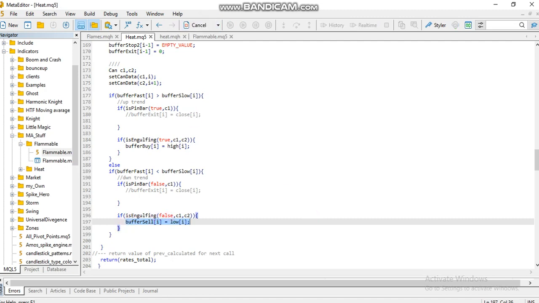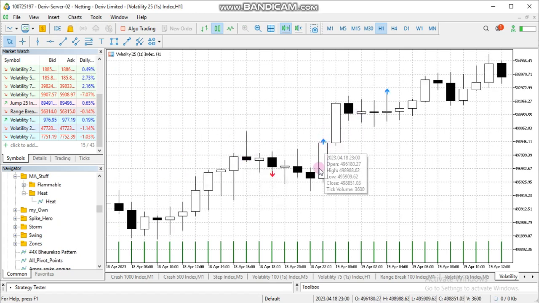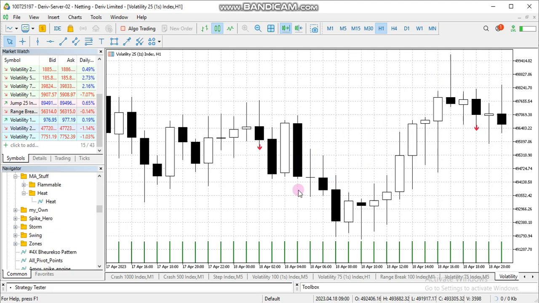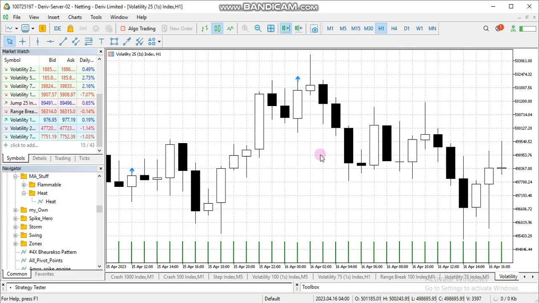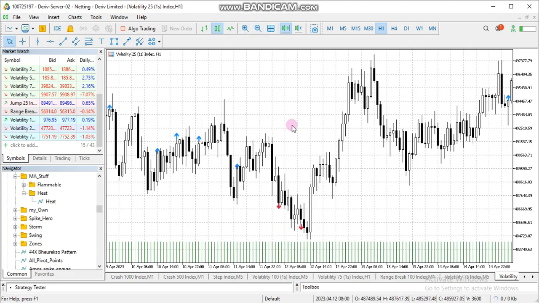So let's compile, and there we go. Engulfing. This one was a doji, and then this one was a little bit up, so it kind of engulfed this candle. So here, bearish engulfing, bullish engulfing. You know it, you name it. So this is just the basics.